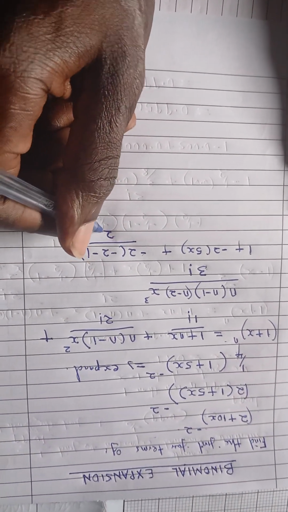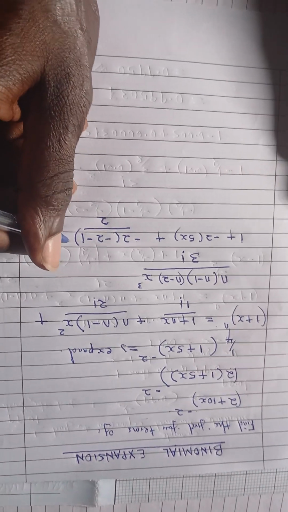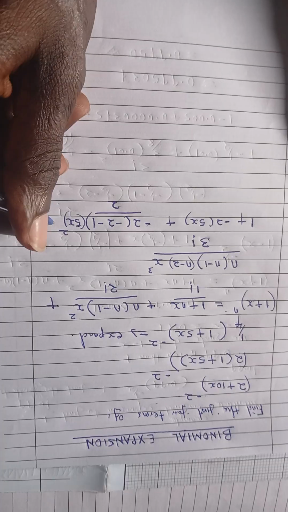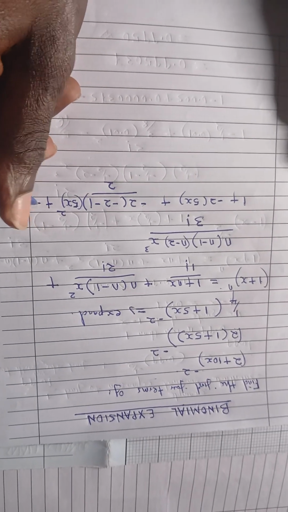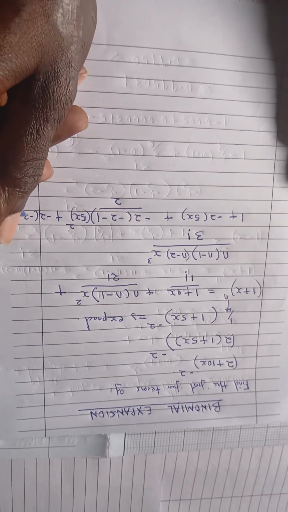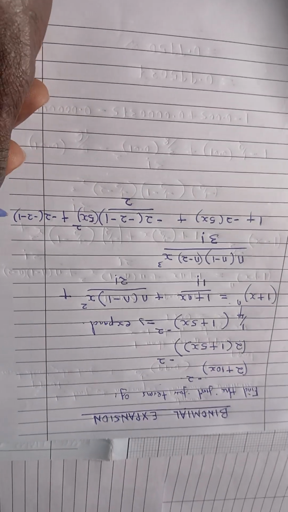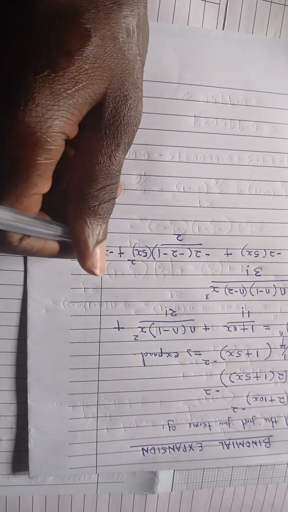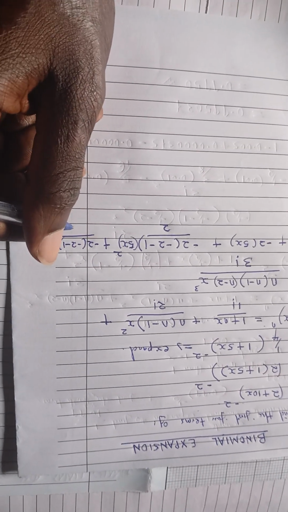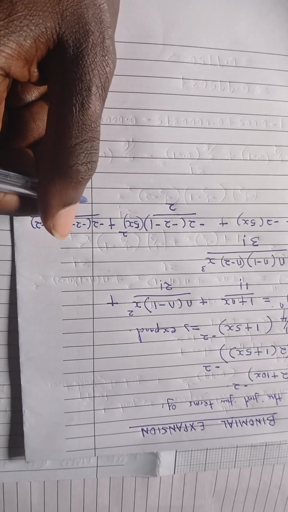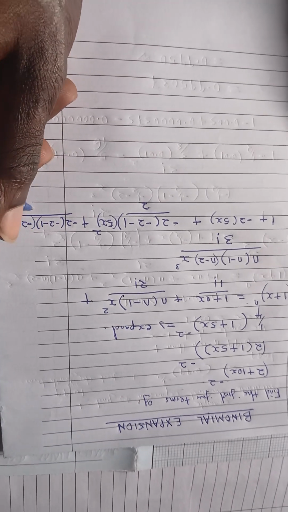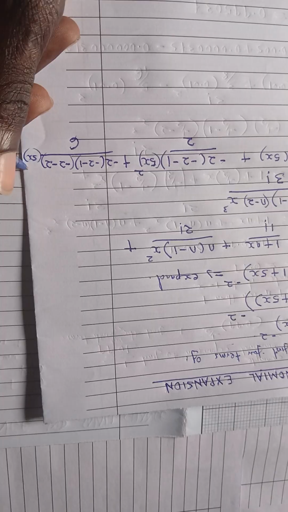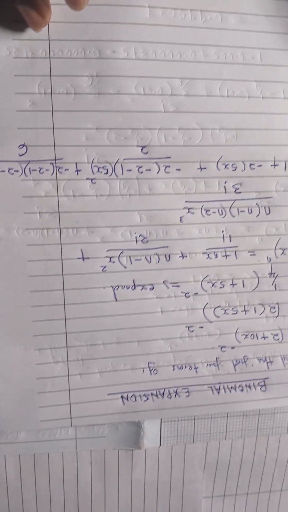Now it's 2 times 5x, this one now is squared, plus negative 2 into negative 2 minus 1, negative 2 minus 2, close the bracket, over 3 factorial. 3 factorial is like writing 3 times 2 times 1. That one will be 6 times 5x, but now in this case 5x is cubed, right?